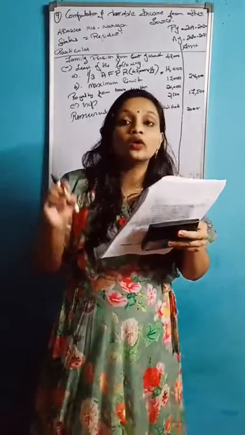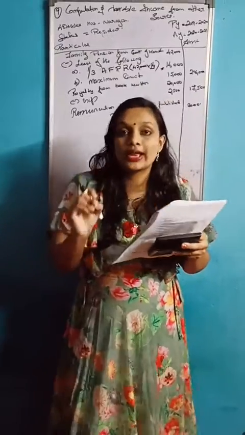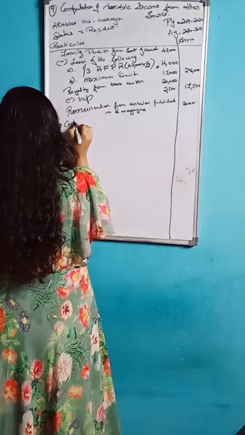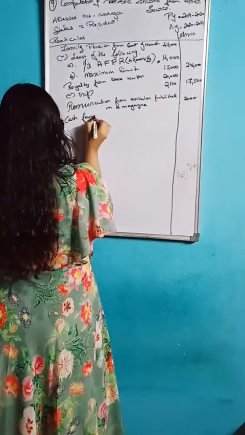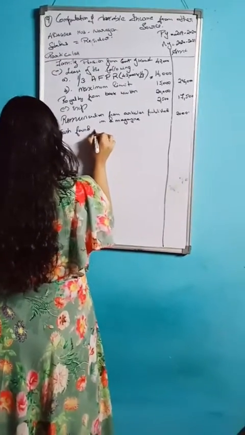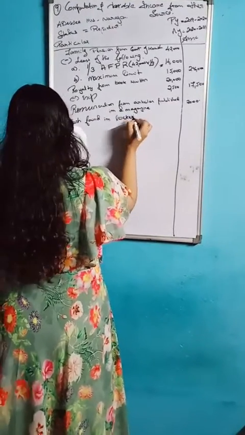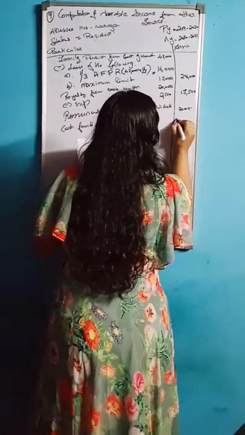Next, cash found in locker, that is 1 lakh. It's taxable. So cash found in locker, that is 1 lakh.